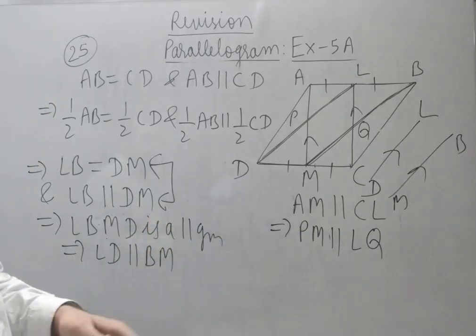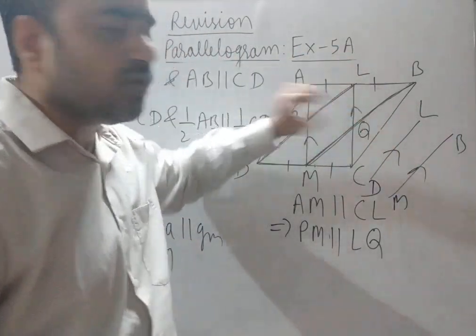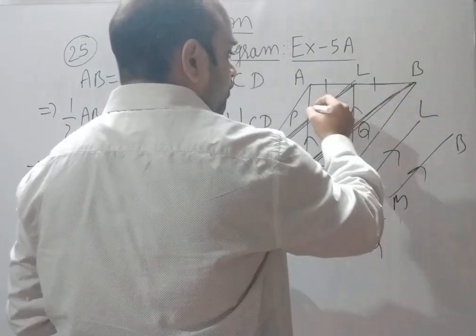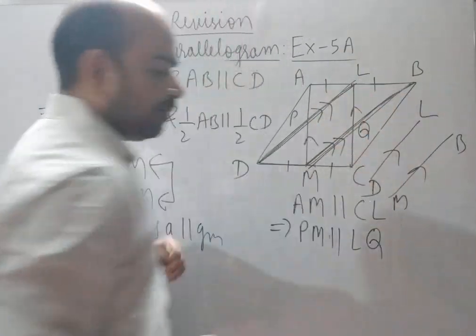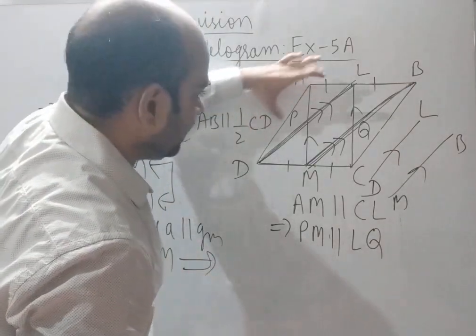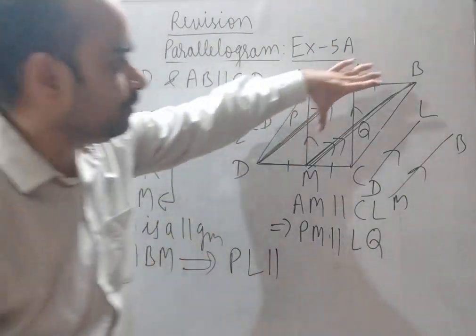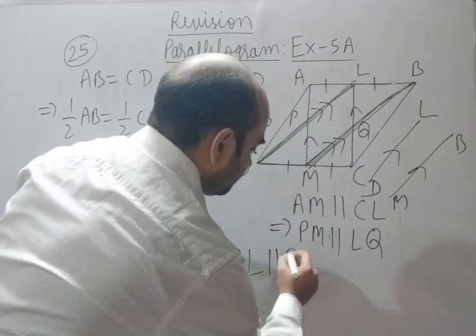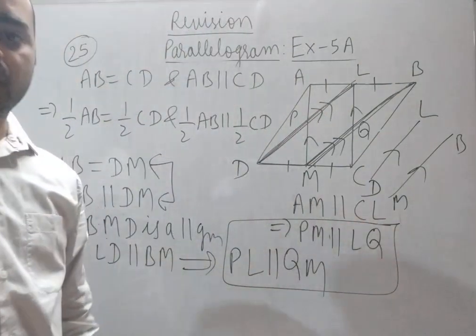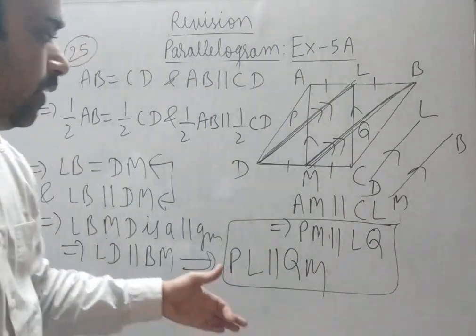Correct? So, if these two parts are parallel, therefore, some parts will also be parallel. See, this and this parallel. Some parts means we can take PL from LD, and QM from BM. Correct? So now see these two facts. Finally we have arrived at what?